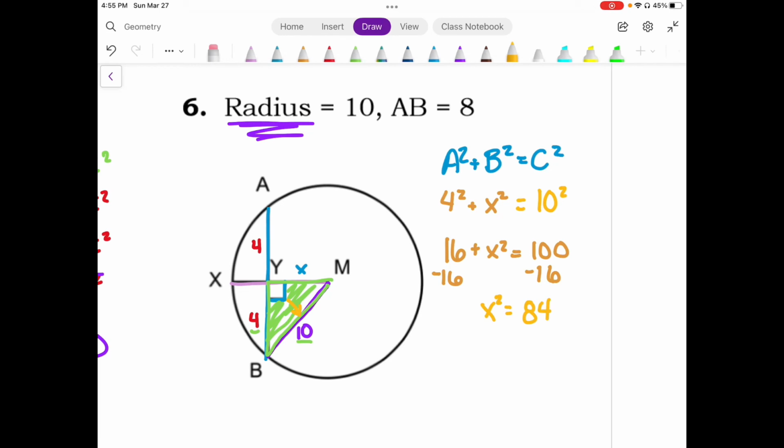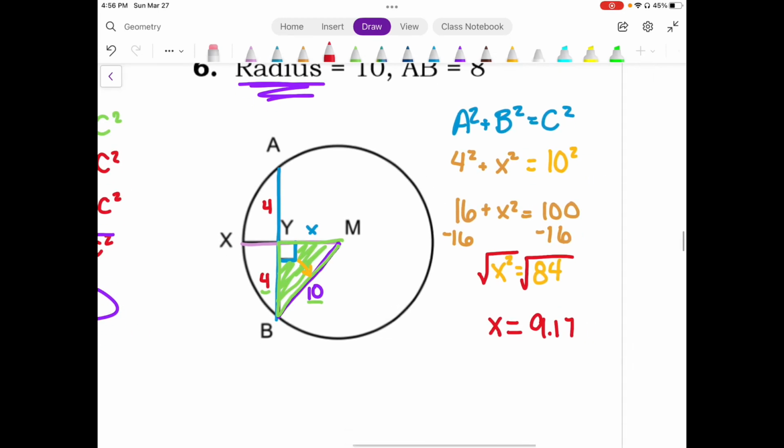Got to get rid of the squared on the x squared, so I'm going to square root both sides. And I get x is equal to, I'm going to put this into decimal form to make my life easier. The square root of 84 is 9.17, about, rounded. And that is only going to be this part, 9.17.